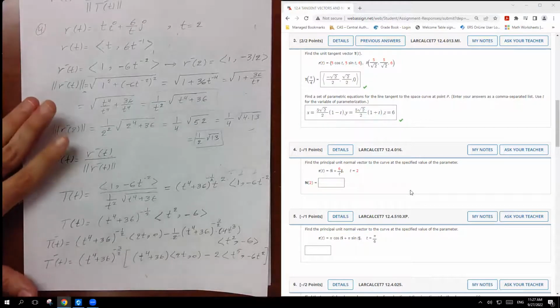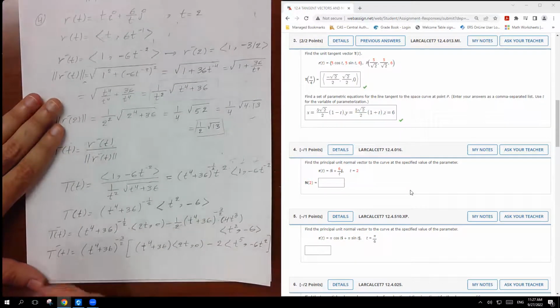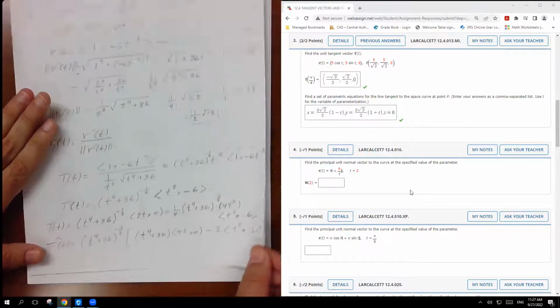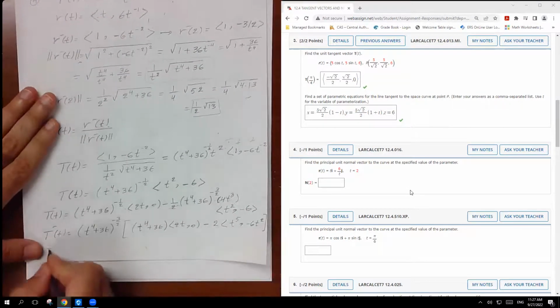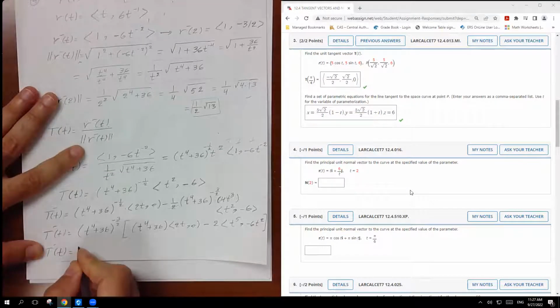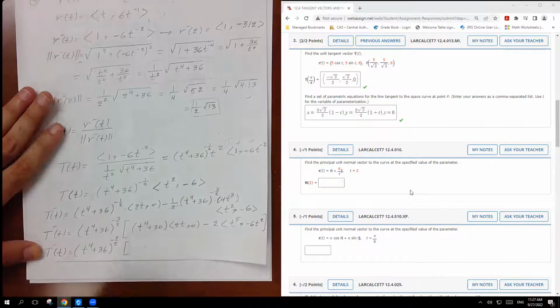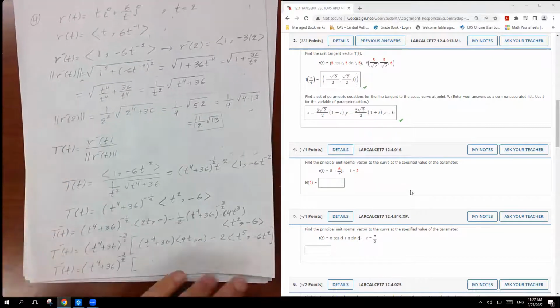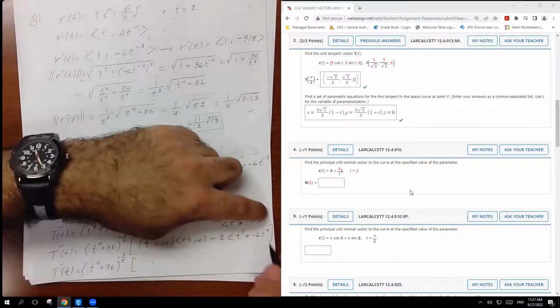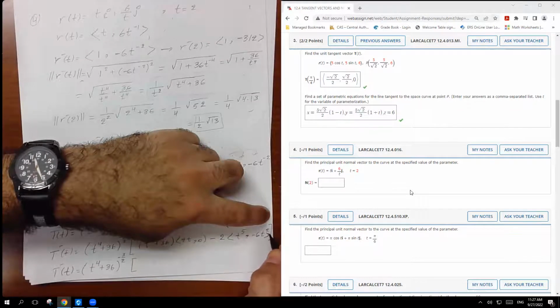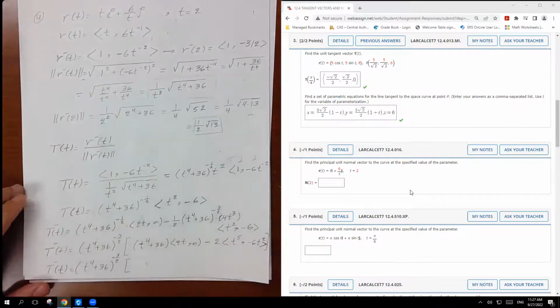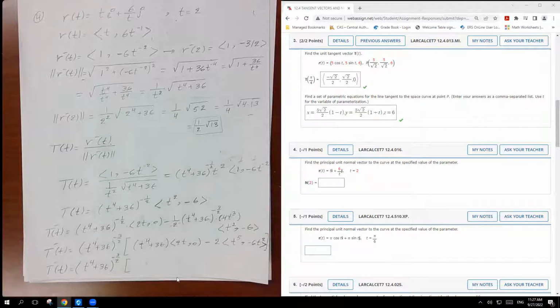So now we have to simplify everything. So t prime over t is going to be t to the power 4 plus 36 negative 3 over 2. Let's simplify this one here. This is a vector. There's no space here, but this is a vector. Write down this before we can simplify it.